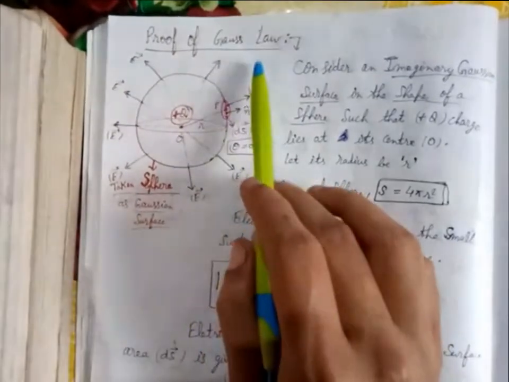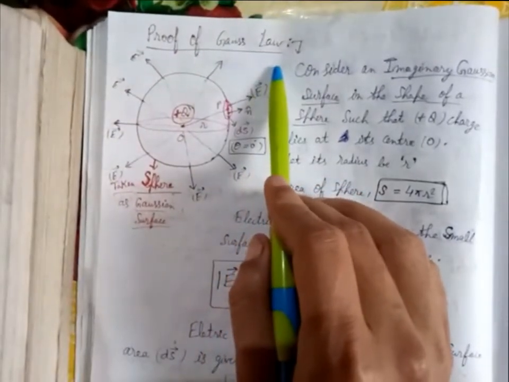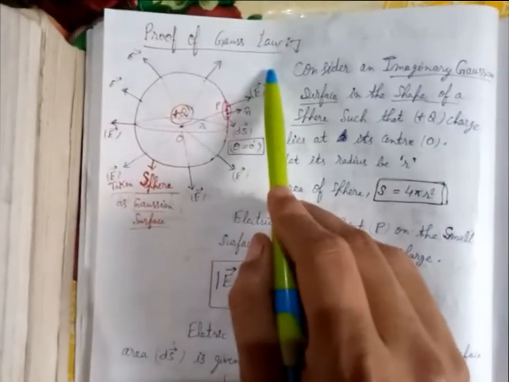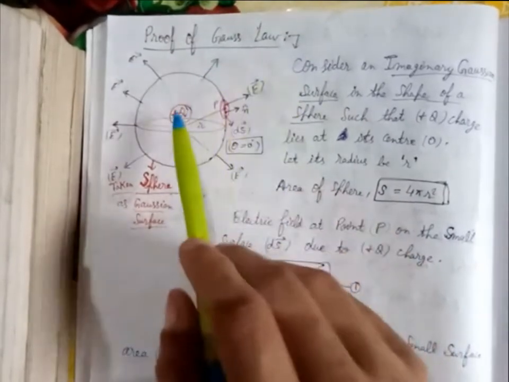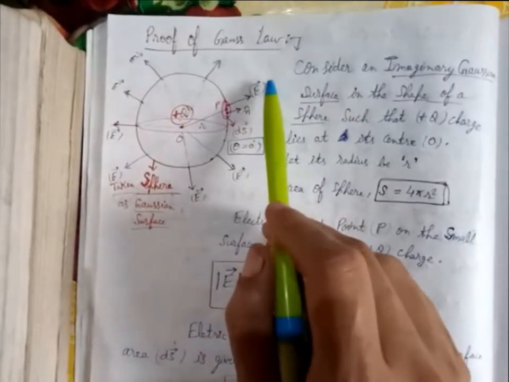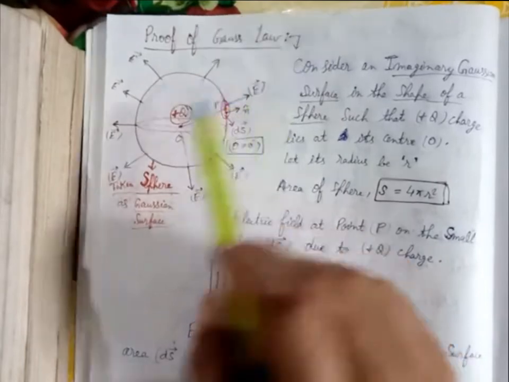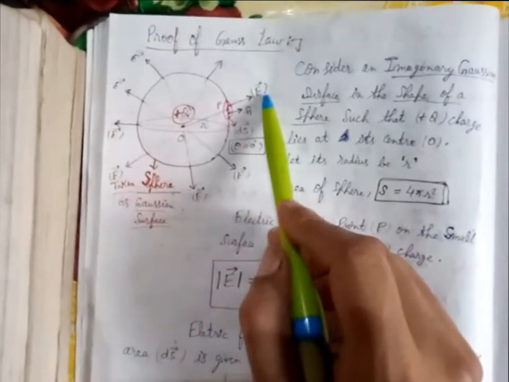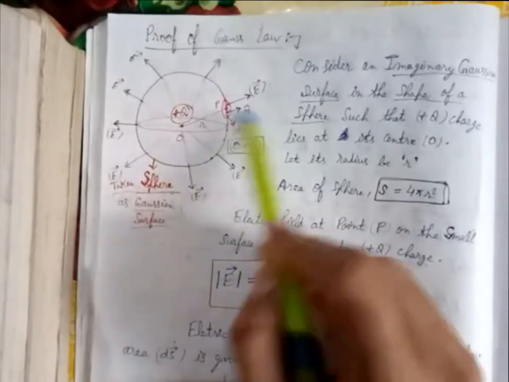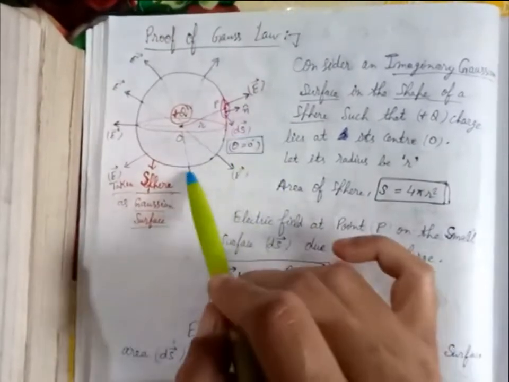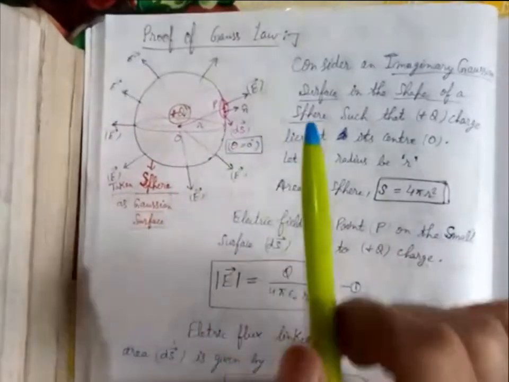If I have put a minus q charge here, then the electric field will be due to both the charges. It means the charge which is inside that Gaussian surface as well as the charge which is outside the Gaussian surface, that is plus q and minus q, both will be taken into consideration in finding the electric field.